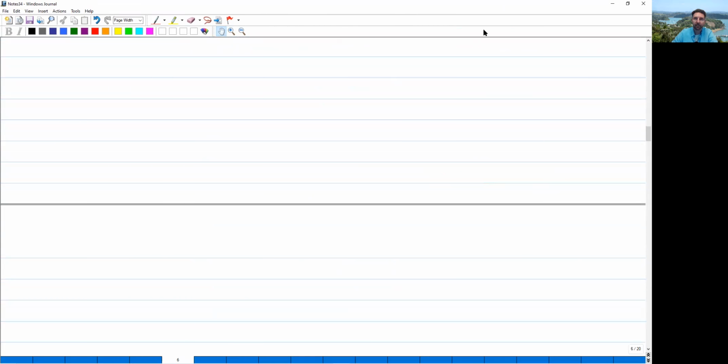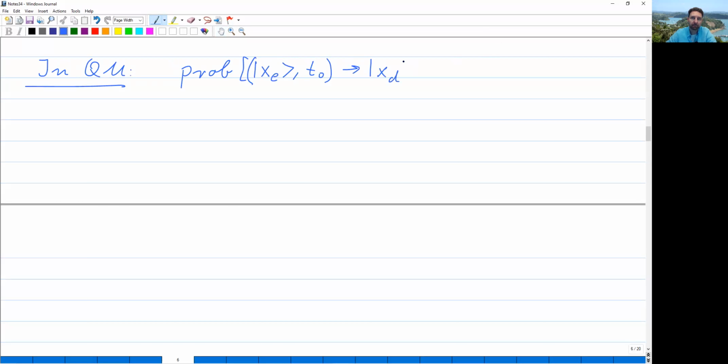Now, let's look at the quantum mechanical situation. In quantum mechanics, we have that the probability that a particle travels from an initial location xe at time t naught to a location xd at time t, if undisturbed, is equal to G of xd, xe, t, and t naught.